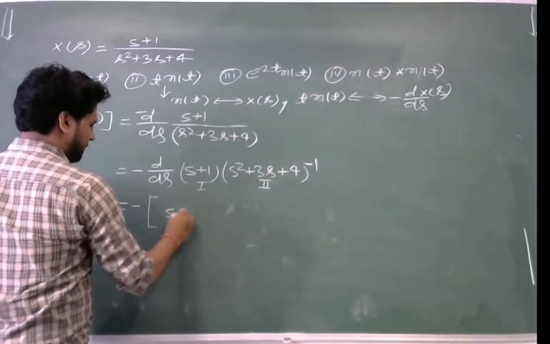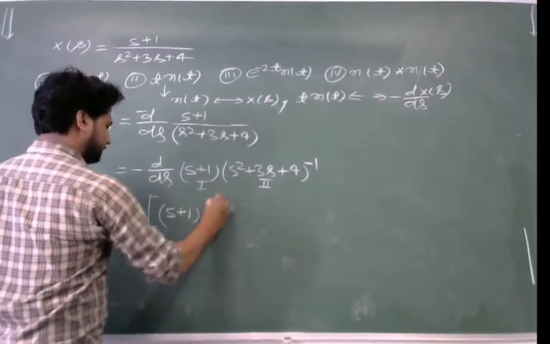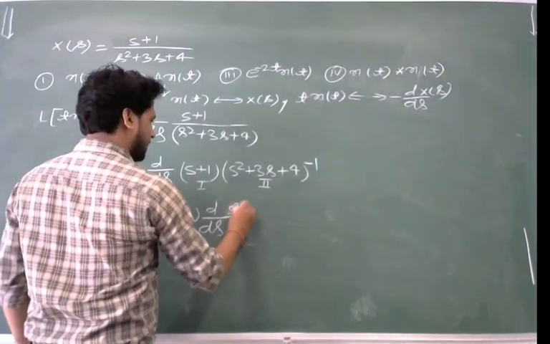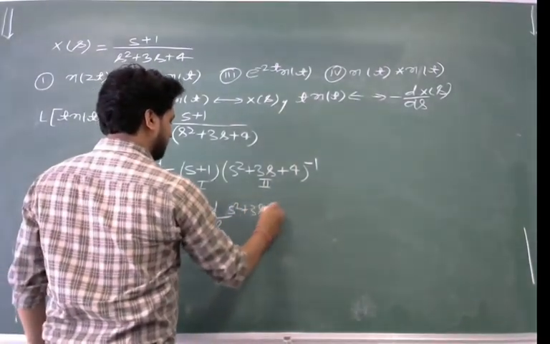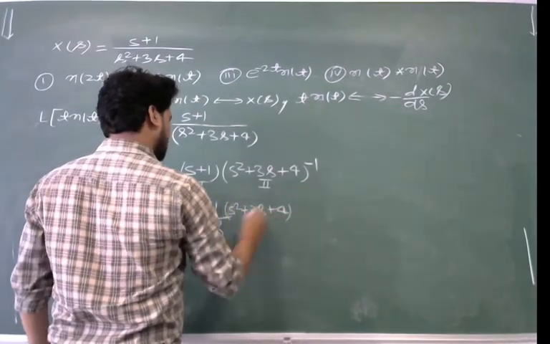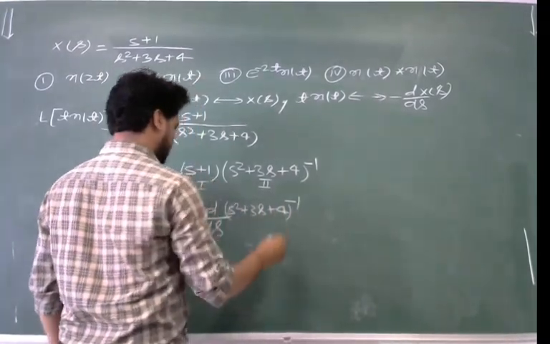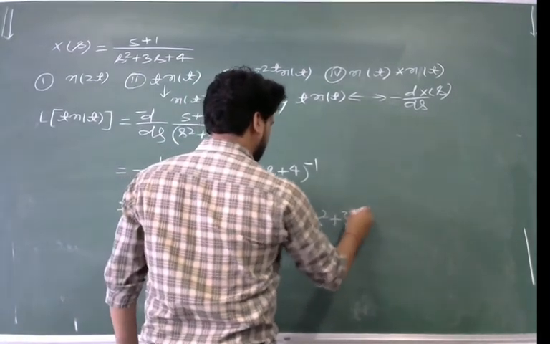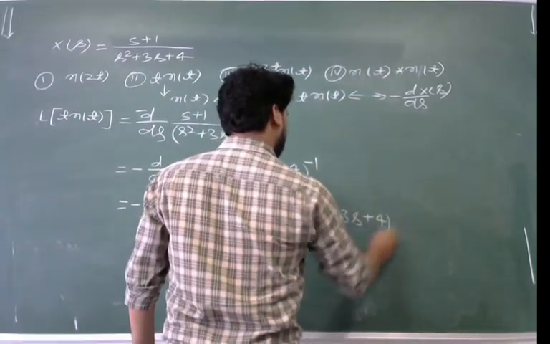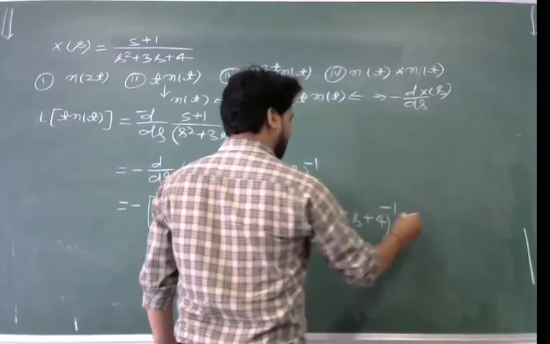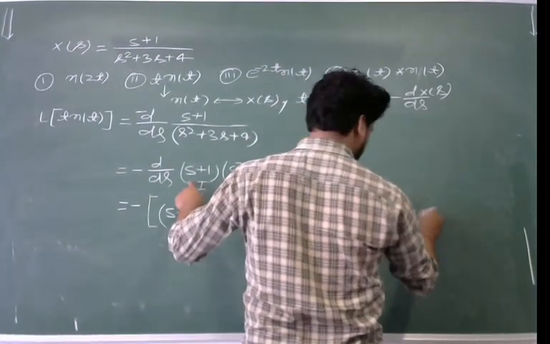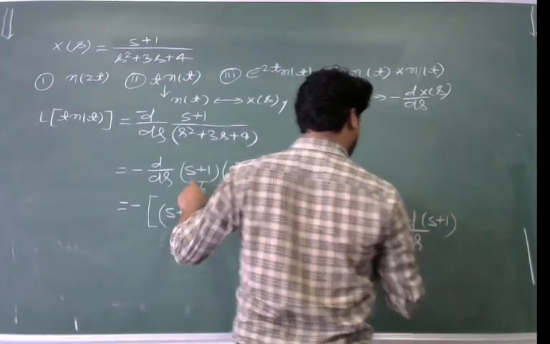first function, that is (s + 1), times the differentiation of (s² + 3s + 4)^-1, plus (s² + 3s + 4), the second function, times the differentiation of (s + 1).